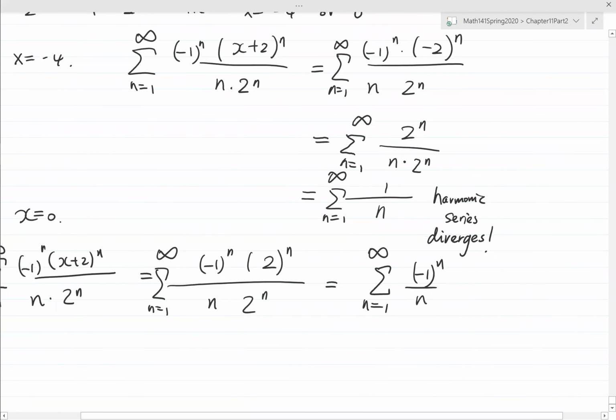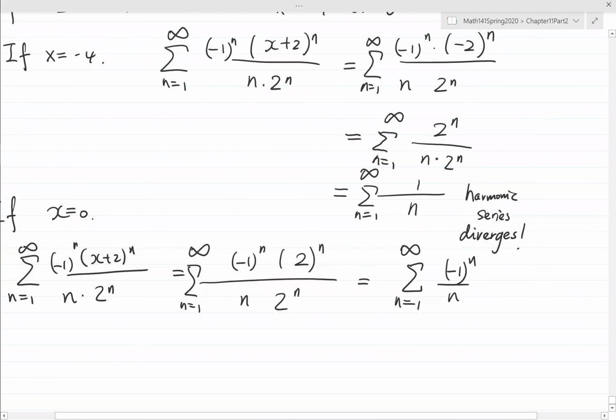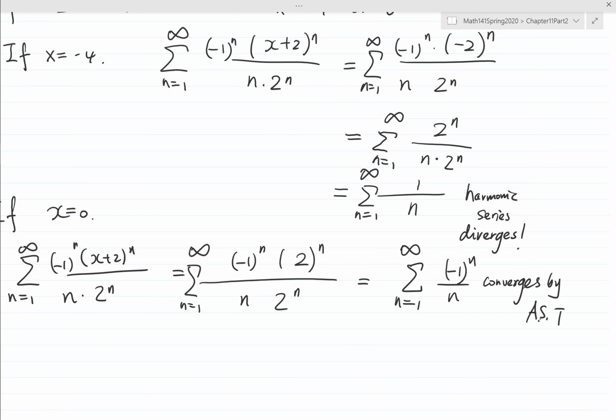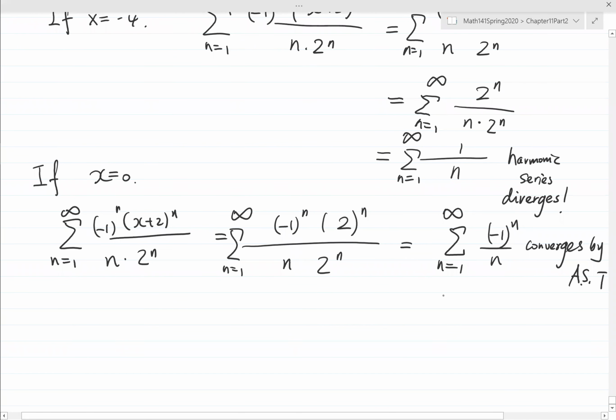Now this is an alternating sum of reciprocals of integers. This converges by the alternating series test. The terms are alternating, and 1 over n is decreasing, and the limit of 1 over n is 0 as n approaches infinity. Actually, we know it converges to negative ln 2.